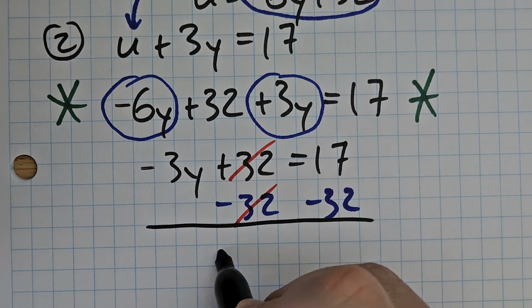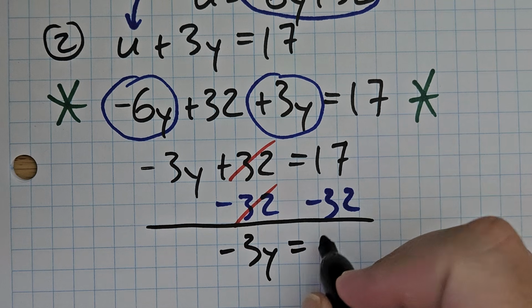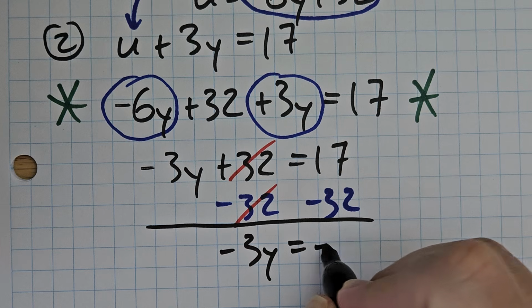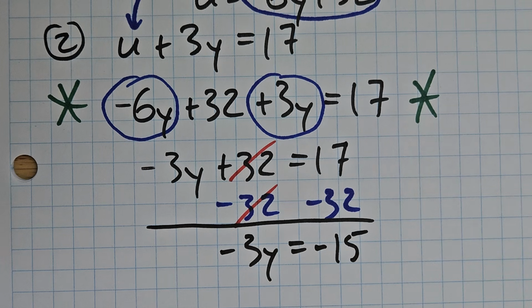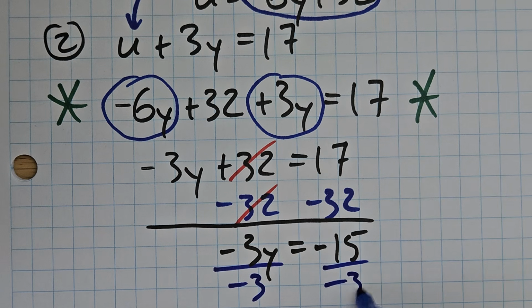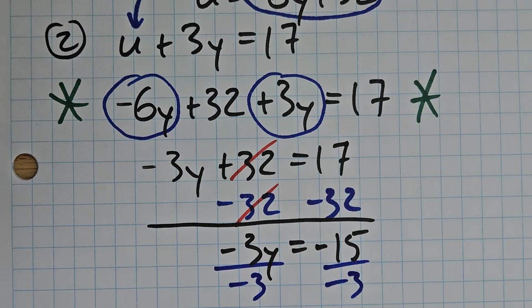And that's going to give us negative 3y equals, what's that going to be? Negative 15, I think. Yeah, seems like negative 15. Then we're going to divide both sides by negative 3 to cancel out the coefficient. And that's going to give us y equals 5.